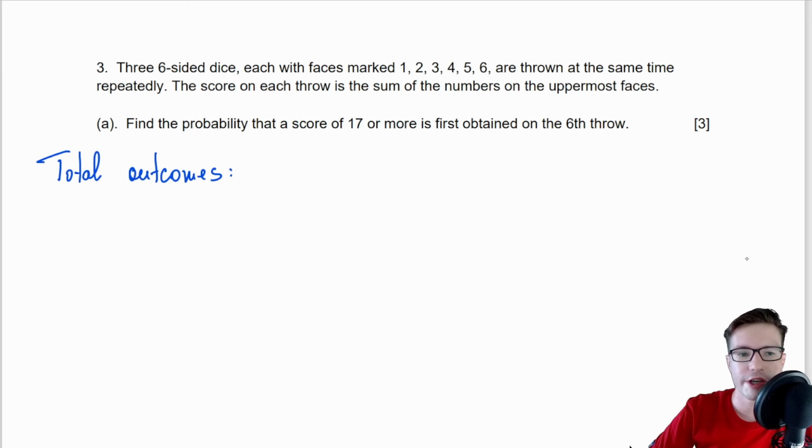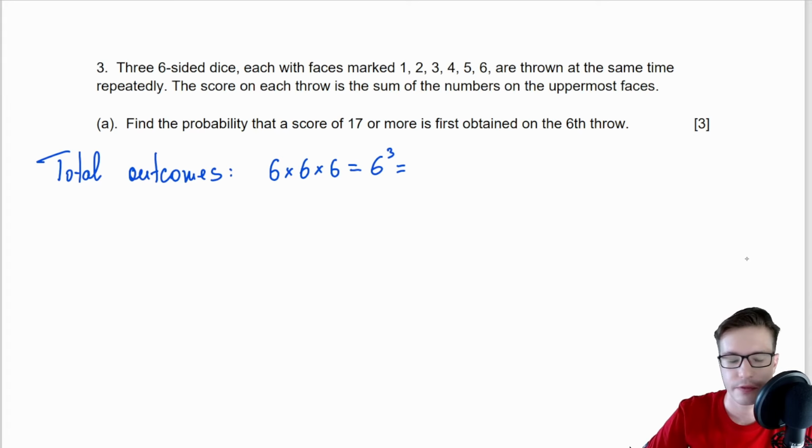So when I roll the first dice, I can get 6 possible outcomes. And the same stuff happens when I roll the second and the third dice. So altogether, I will get 6 cubed or 216 outcomes.